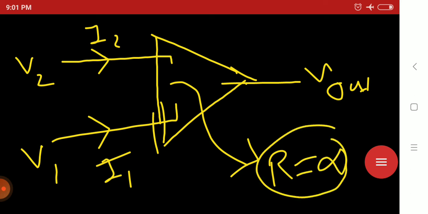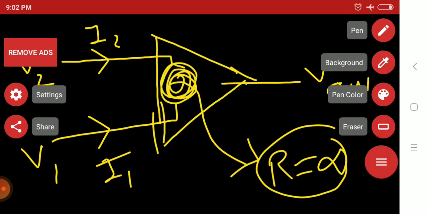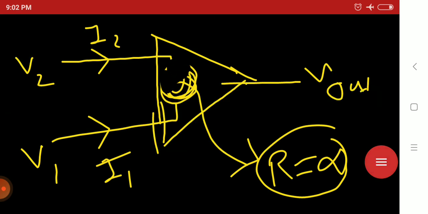That means here you can see nothing, the wire is broken. That means inside between V1 and V2 nothing is there. So the input resistance of an op amp is ideally infinity.